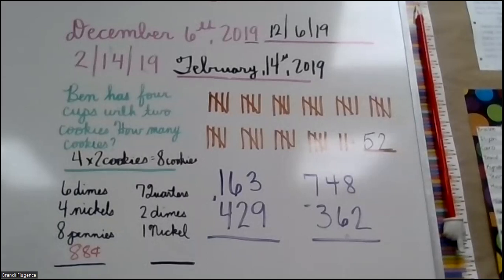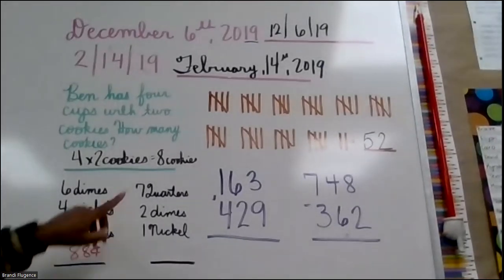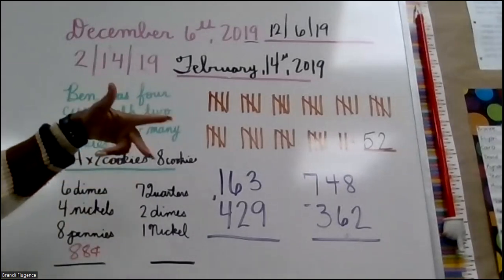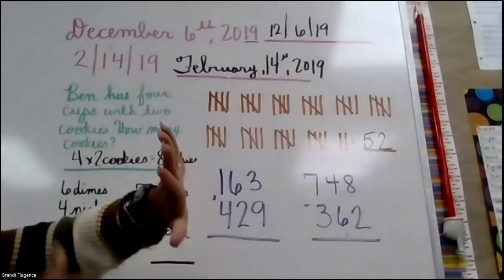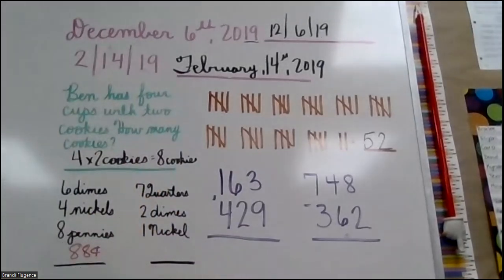All right, we got it. Anybody else? Okay, Carson, what you got? $2. So 7 quarters: 25, 50, 75, $1, $1.25, $1.50, $1.75, 85, 95, $2.